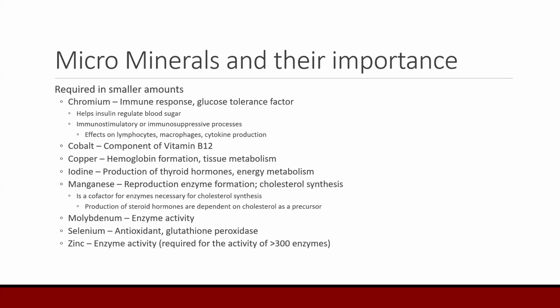Selenium is important for antioxidant production, predominantly the glutathione peroxidase enzyme. Zinc is important for enzyme activity, and it's required for the function of over 300 enzymes in the body. All this just to say minerals are important. They have wide-ranging impacts on our body.